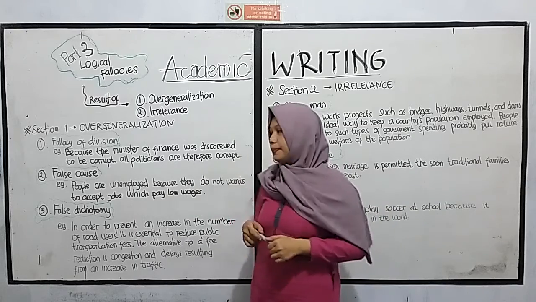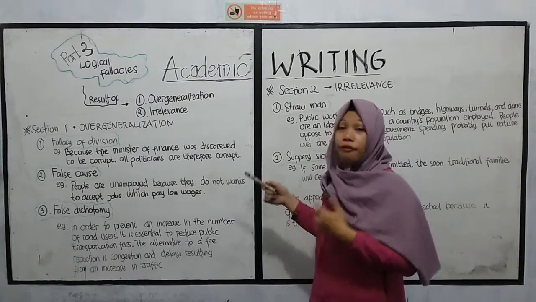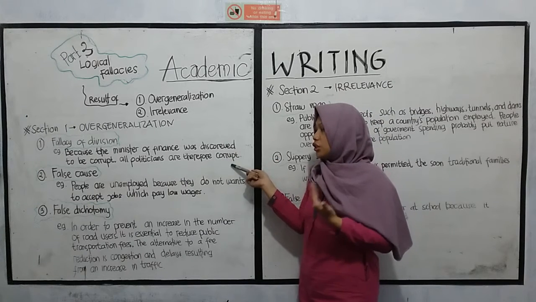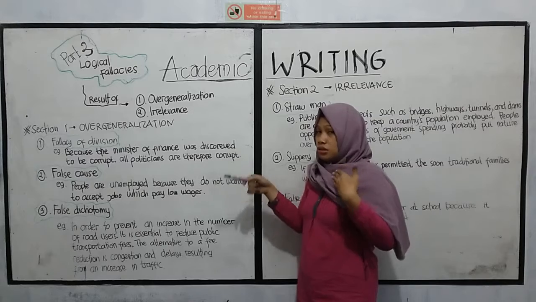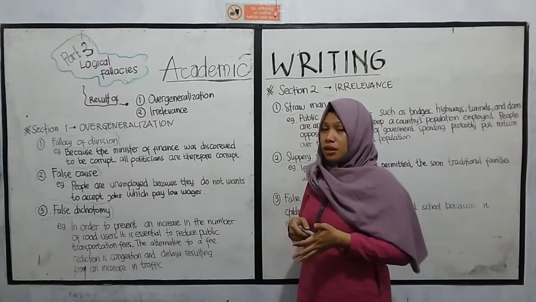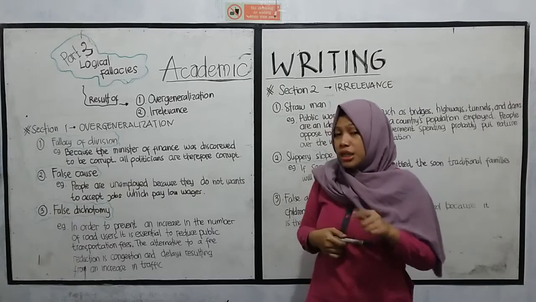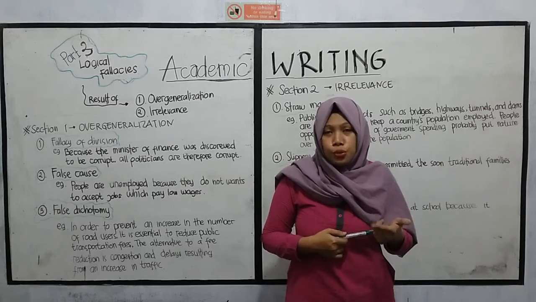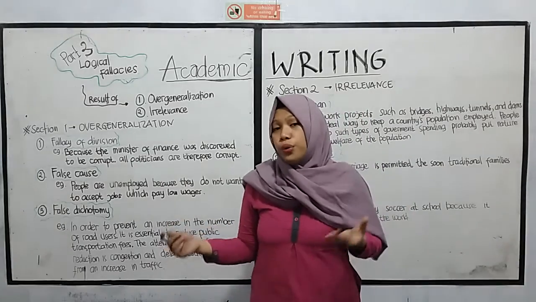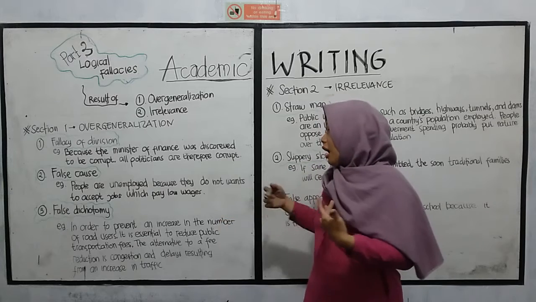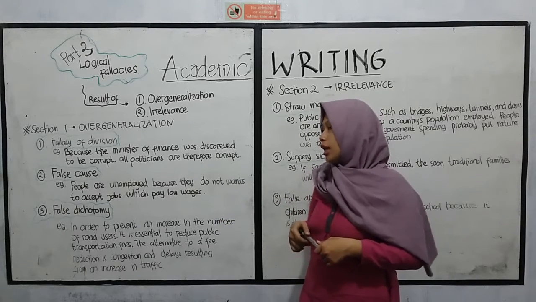For example, because the Minister of Finance was discovered to be corrupt, all politicians are therefore corrupt. No, this is illogical. This is a logical fallacy because one of the politicians is proven to be corrupt. We cannot assess that all the politicians are then corrupt also.